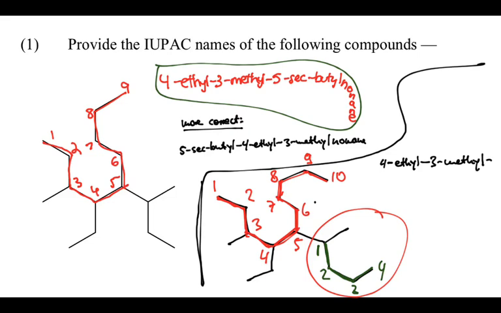And now the important thing is you have to put the 1-methyl butyl all in parentheses. Otherwise it's not clear, okay? So then you have to say 1-methyl butyl. Then we're done. We call it decane.